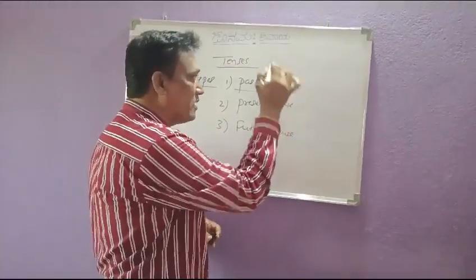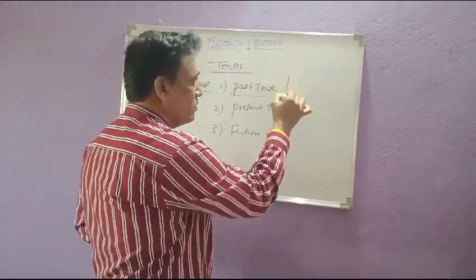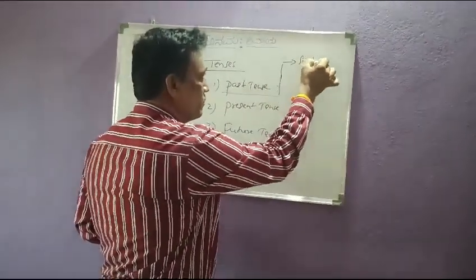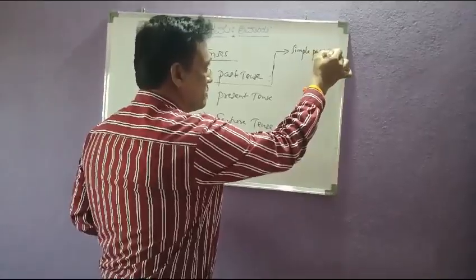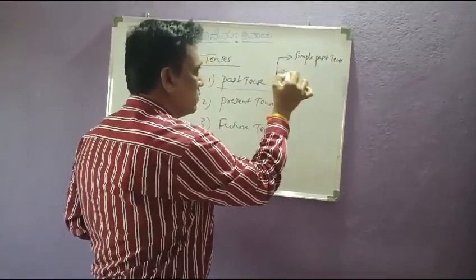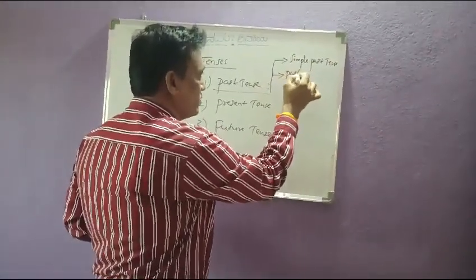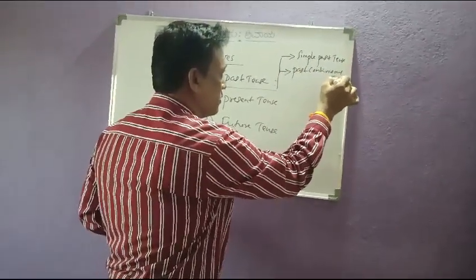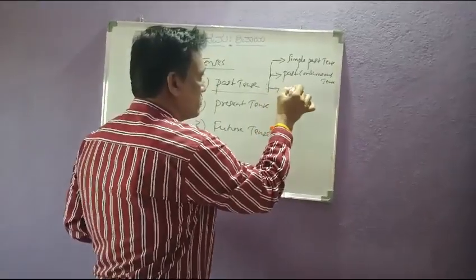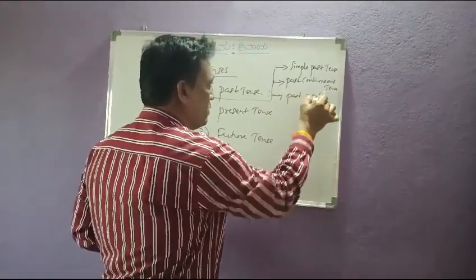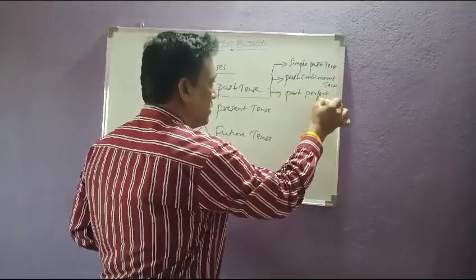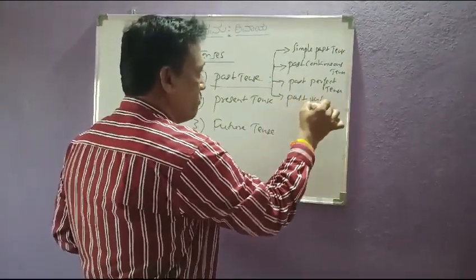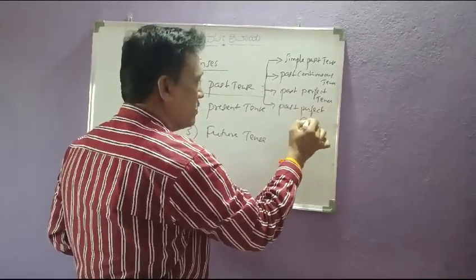In past tense there are four types: simple past tense, past continuous tense, past perfect tense, then the fourth one, past perfect continuous tense.